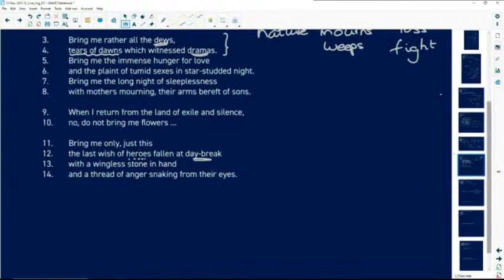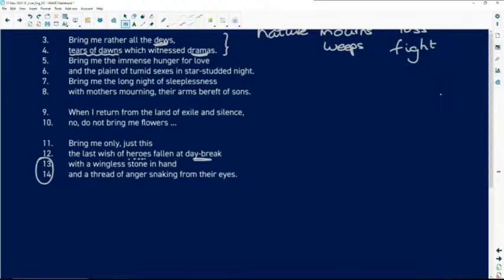So let's choose a line. I think this is nice. Let's use lines 13 and 14. With a wingless stone in hand, in fact, no, let's just line 14. One image, the thread of anger snaking from their eyes. So why is it effective?